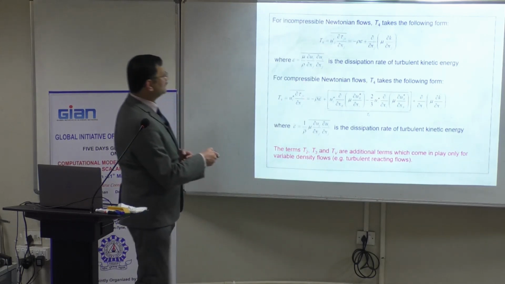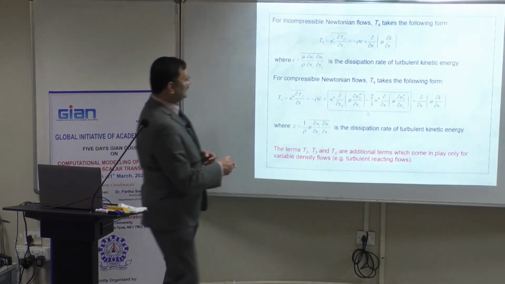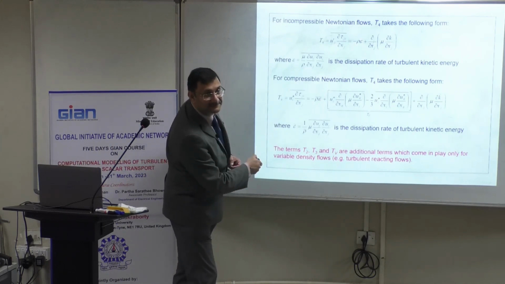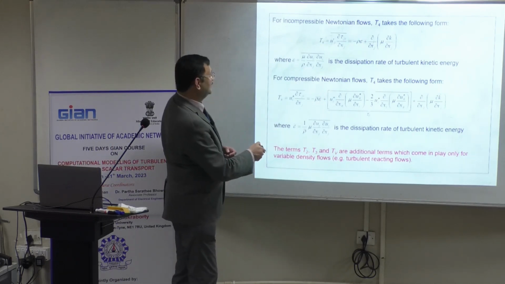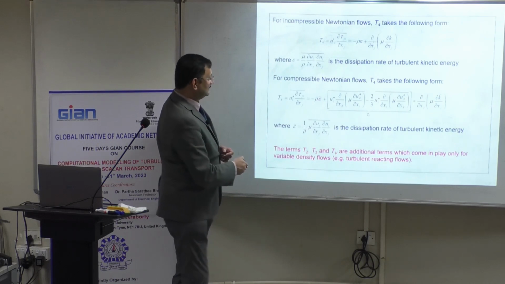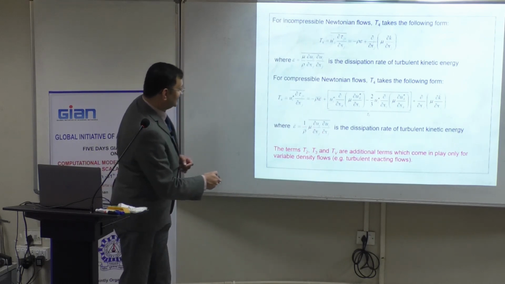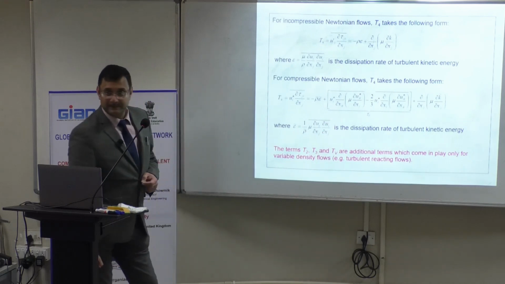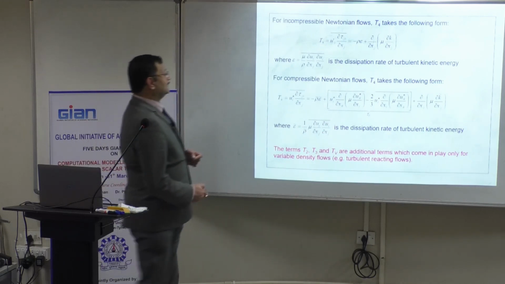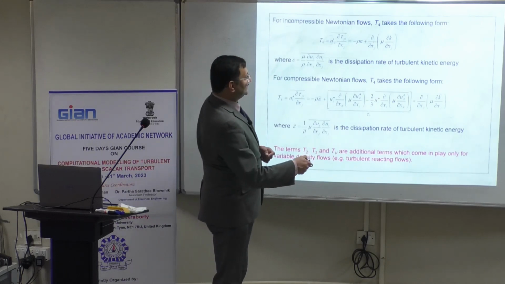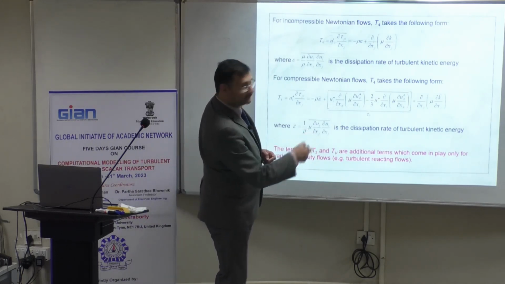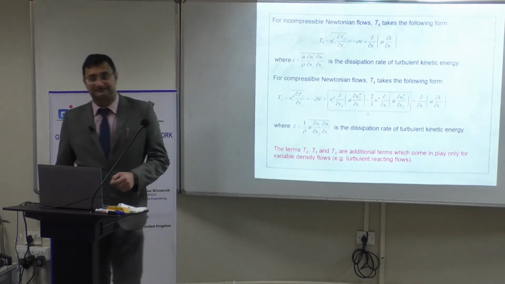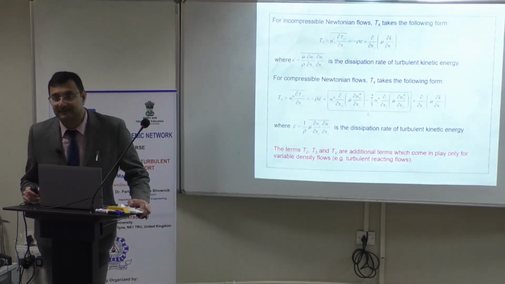In the case of compressible Newtonian fluid, you have this term, which is corresponding to this one. This is the dissipation rate. But here, it's a Favre mean dissipation rate defined in this manner. Okay? This is corresponding to this one. And then you have an extra term sitting here.